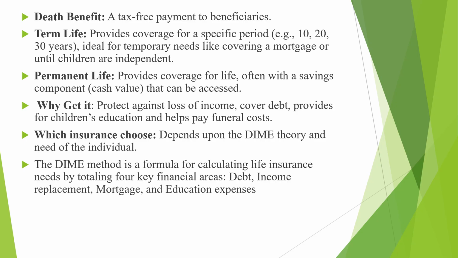So let's dig into this DIME theory. DIME is just a formula for calculating life insurance need by totaling four key financial areas: debt, income replacement, mortgage, and education expense.